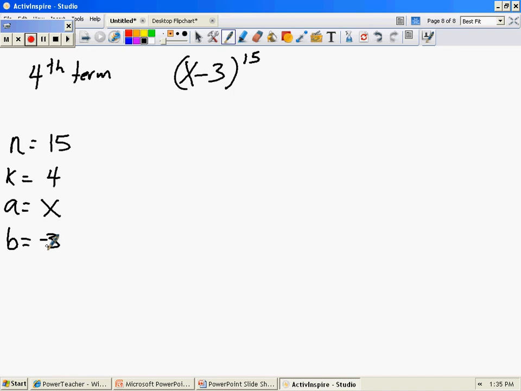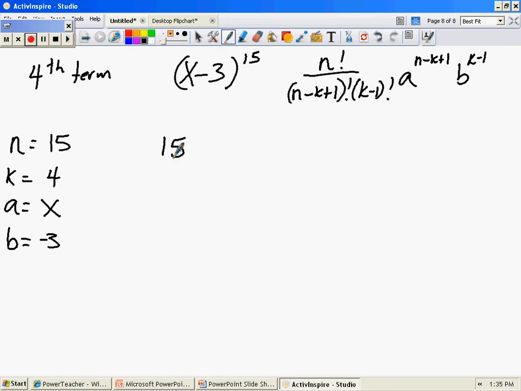Okay, so we're just going to plug them into the formula. I'll put it up here for reference if you need it. So here's what we get by plugging everything in.